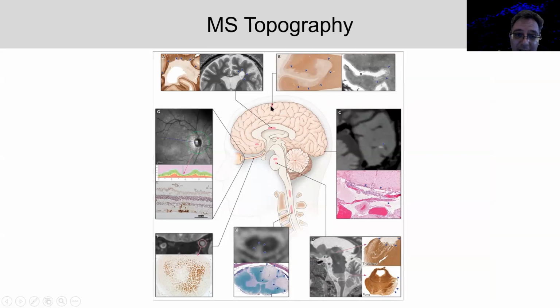Not only inside the brain, specifically in the white matter, we see all these scar formation, demyelinated lesions, as well as around the ventricles, but also in the brainstem. We can see it as transverse myelitis in the spinal cord. They can occur in the cerebellum, and they can occur in the optic nerves. So wherever there's white matter in the central nervous system, we can get demyelination affected.